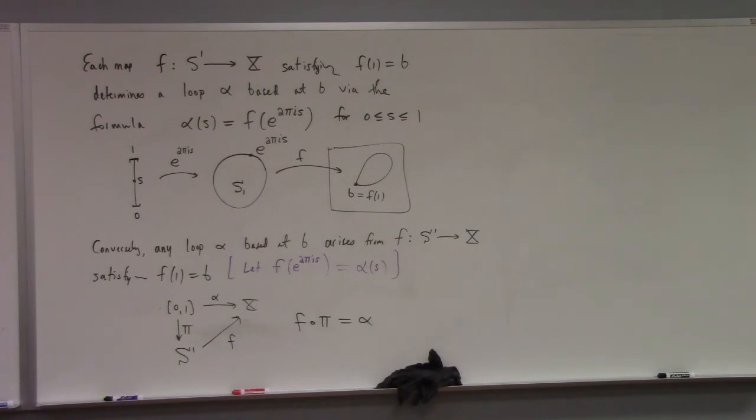So he extends the concept of homotopy from paths with fixed endpoints in the same space to these functions going from S1 to X. This is a genuine extension. This is not what we've defined already.